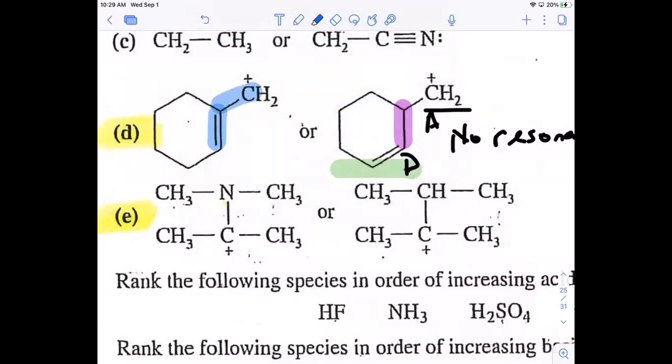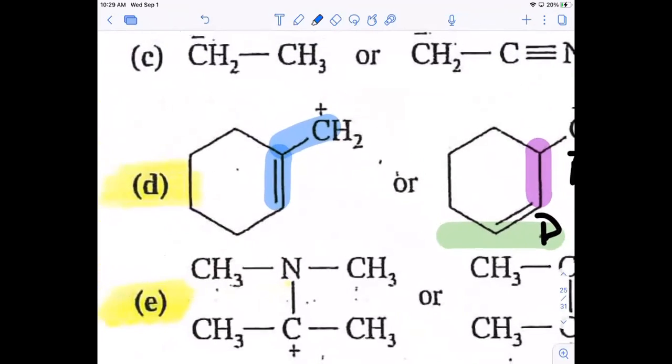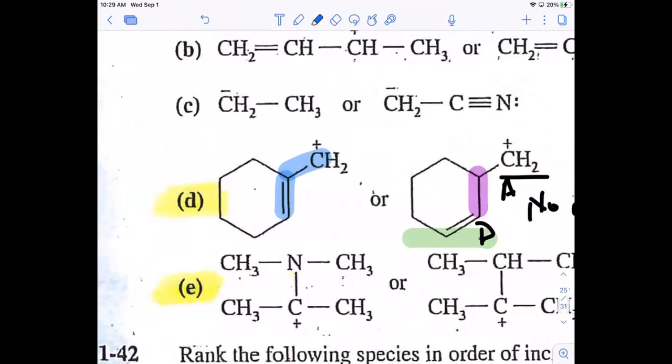Over here, see the difference? You see how the cation is now allylic and right next door to the pi bond? Compared to the other structure, this will be an example of an allylic cation. How would you push the arrows in this case?